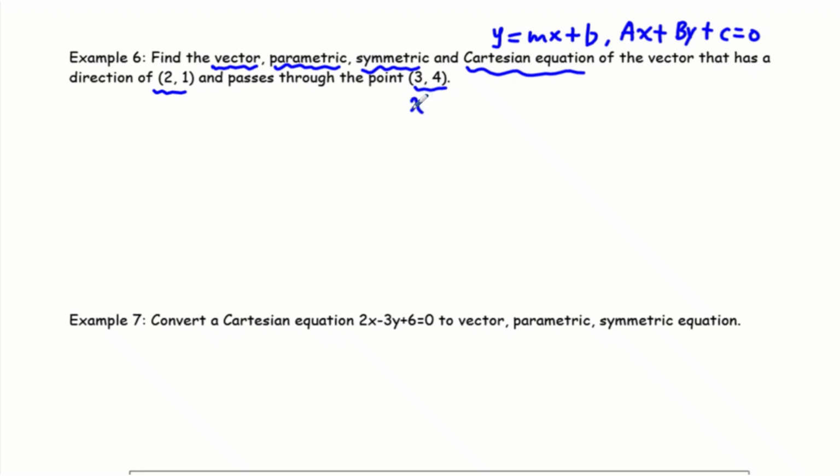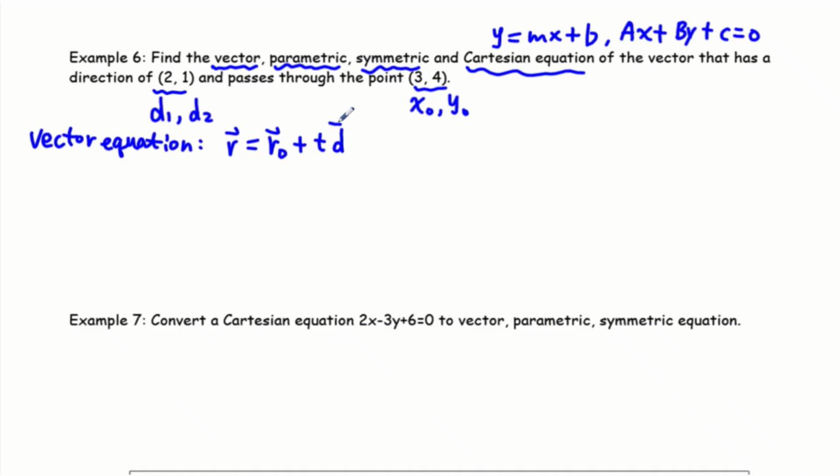So this is our x0, y0, one point on the line, and this is our direction vector d1, d2. The vector equation is r equals r0 plus t times the direction vector. So we just sub in (3, 4) plus t(2, 1). Then it's done. The second one is parametric.